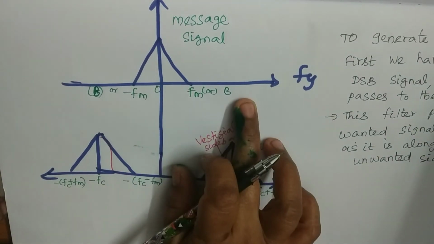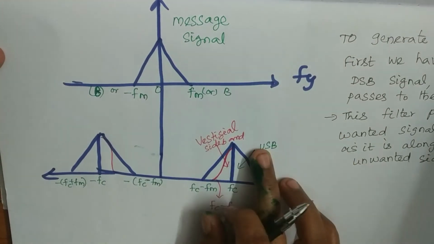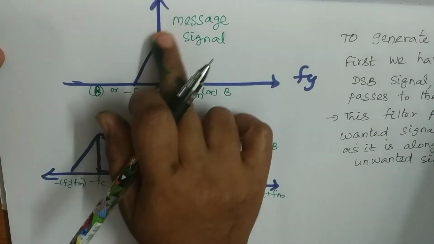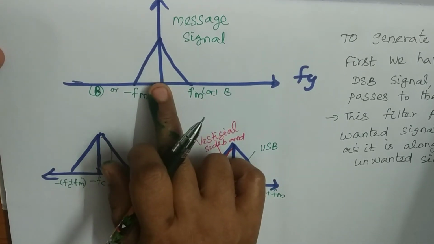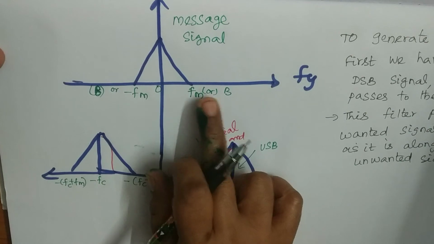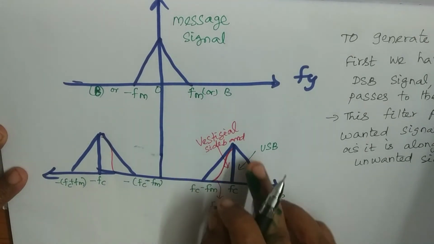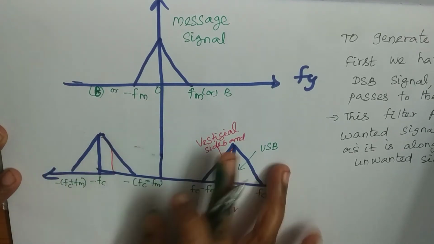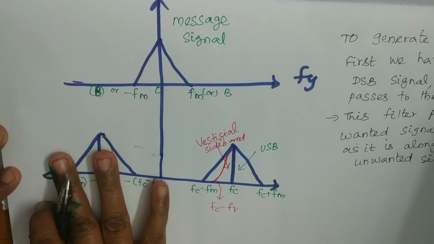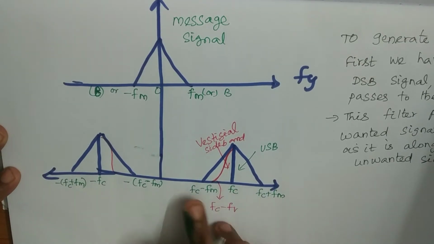Then this is the frequency spectrum or frequency response of the VSB signal. First, this is the message signal frequency response. Here it is 0. This is the bandwidth of the message signal, B or fm. And this is the double sideband frequency response, with upper sideband and lower sideband, carrier frequency fc, fc plus fm, fc minus fm.